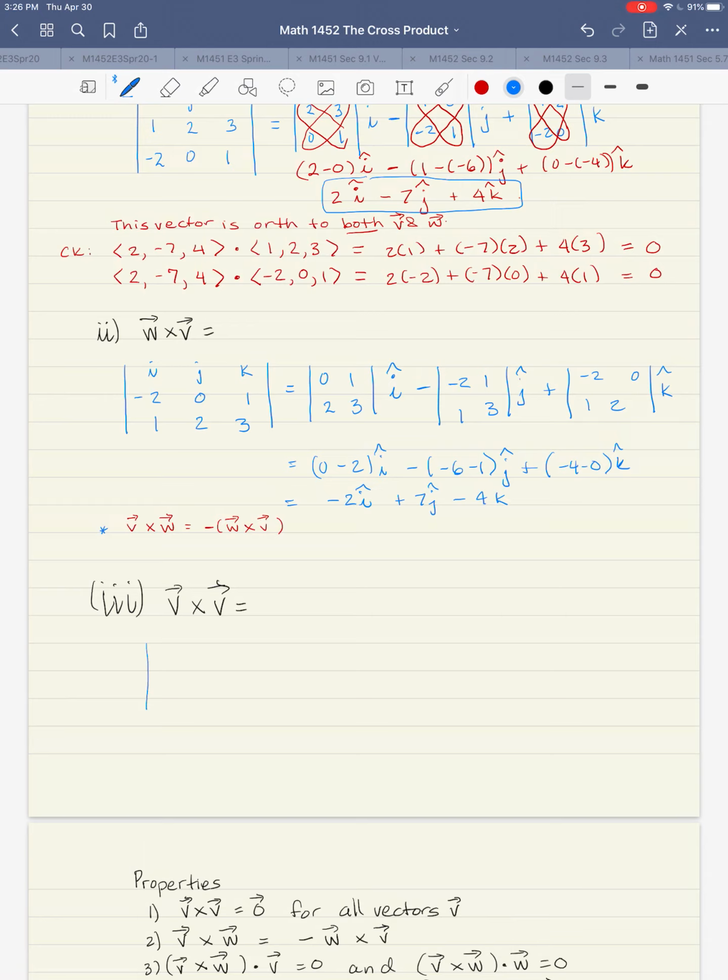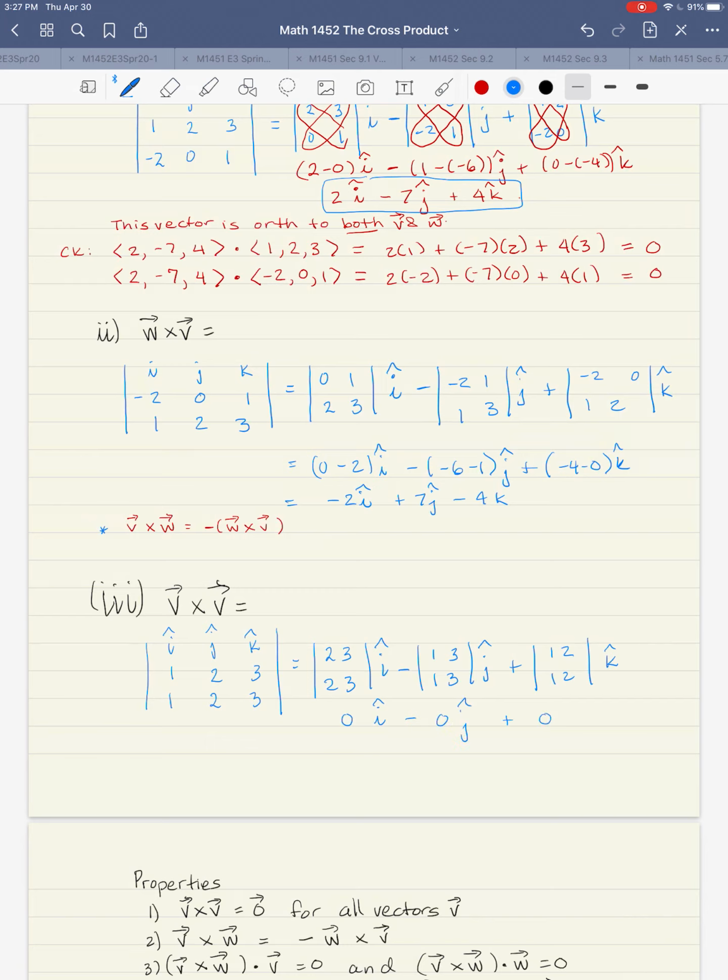Next cool thing is what happens when you cross a vector with itself. So let's compute this. Vector v has the components 1, 2, 3. And then when we write that out, we'll have 2, 3, 2, 3 here in the i direction, minus 1, 3, 1, 3 in the j direction, plus 1, 2, 1, 2 in the k direction.